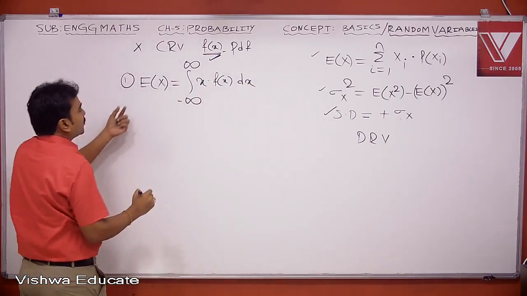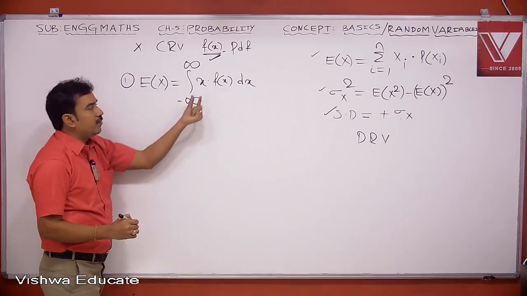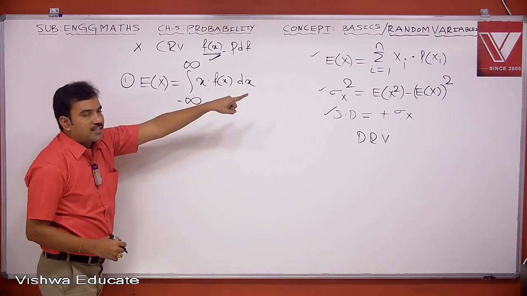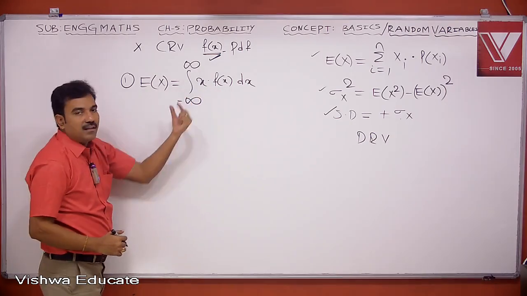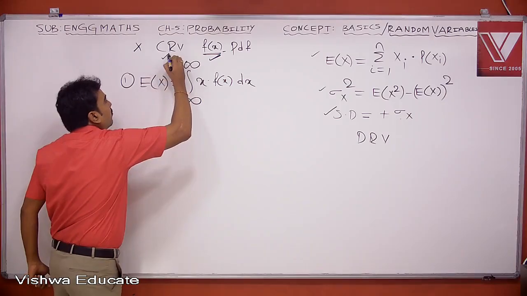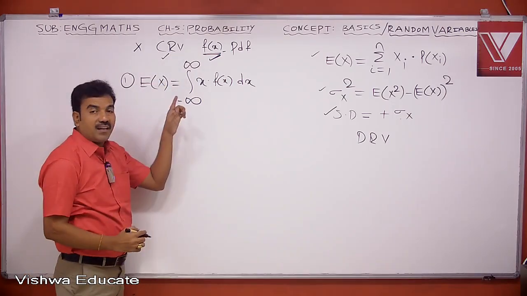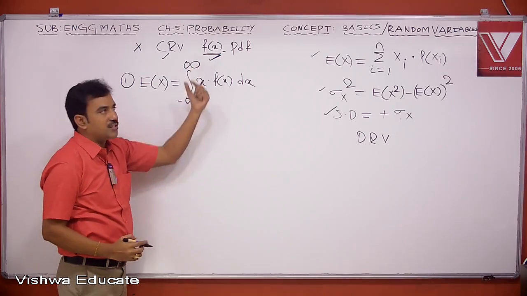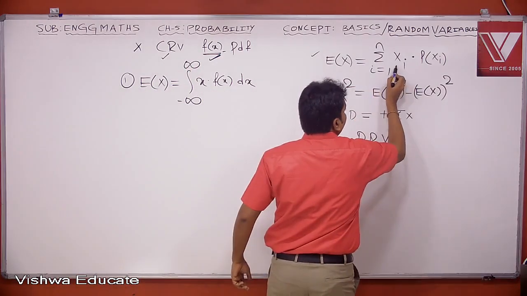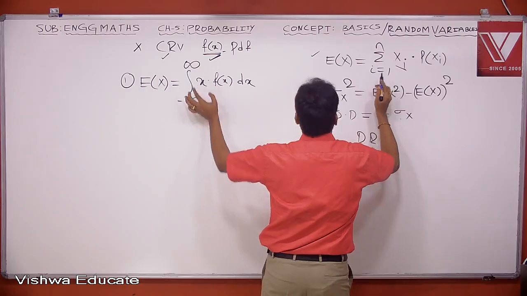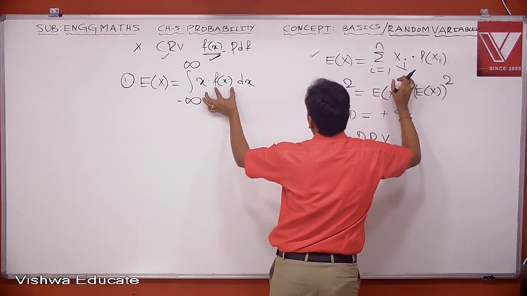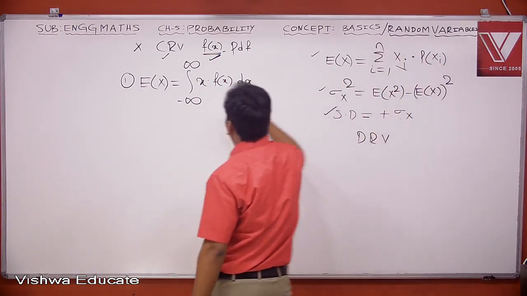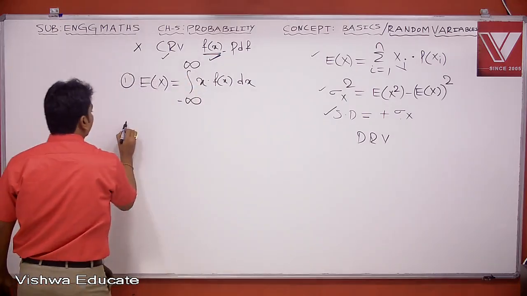So this is the expectation of a continuous random variable with a PDF f of x. The sigma is replaced by an integral. Since it is a continuous random variable, it runs over the entire x-axis, so the limits range from minus infinity to plus infinity. This is xi, the sample point, and this is the PDF. But in place of sigma, we get the integral from minus infinity to plus infinity.